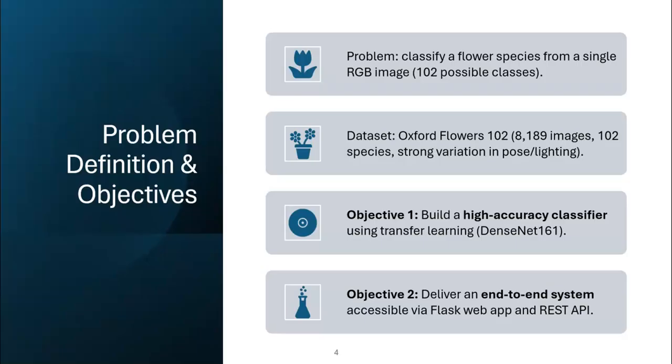First, high accuracy classification using transfer learning with DenseNet 161. Second, deliver a complete end-to-end system developed as a Flask web app and REST API for non-technical users, with a user-friendly and attractive interface using CSS and HTML.